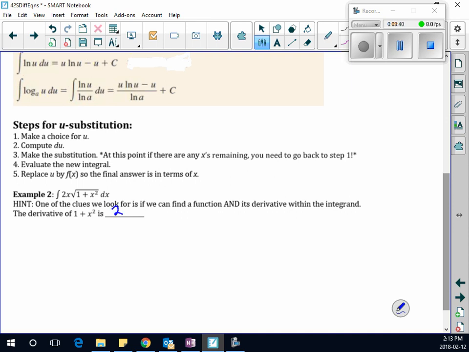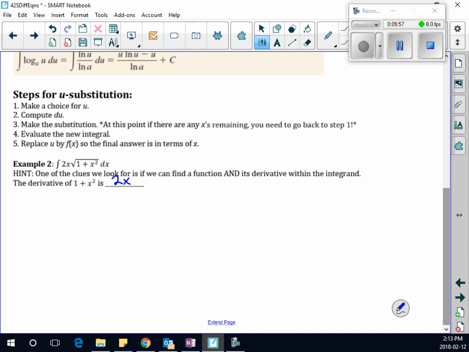And do you see that's part of the integral as well? You'll see on these questions when you start practicing that the derivative is always within. So you know you picked the u right because you can kind of manipulate stuff. So does everybody see? Then that means my u is going to be 1 plus x squared.